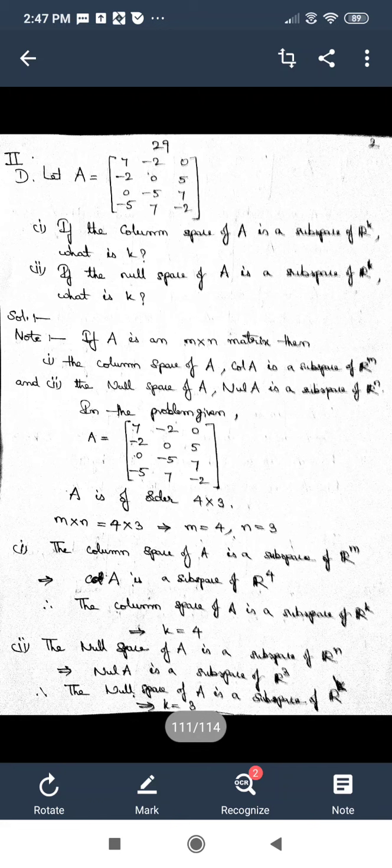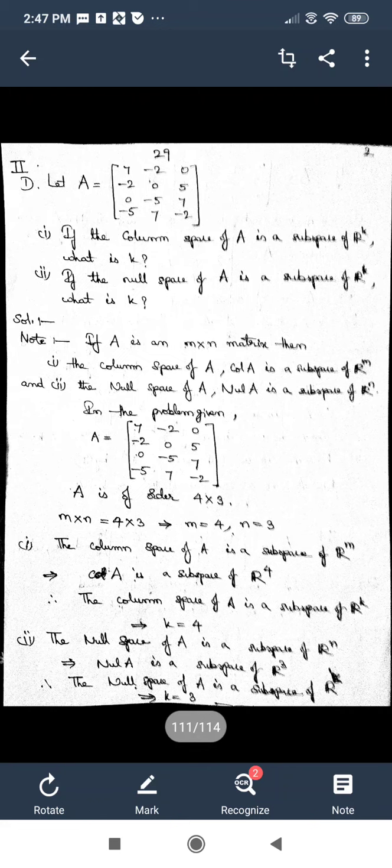So with this we have finished the second model of problems in the column space of a matrix. We have seen that in the first model we will be given a set W, and if W is equal to column A, we are asked to find the matrix A itself.